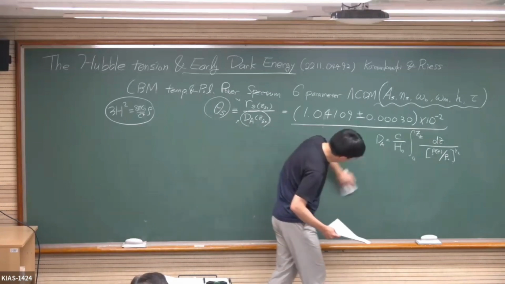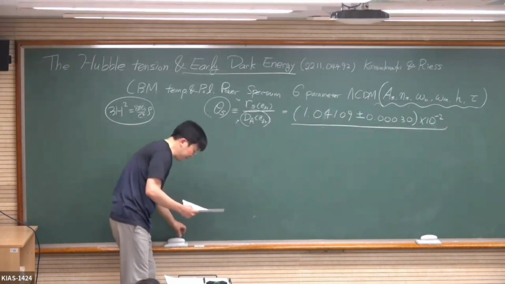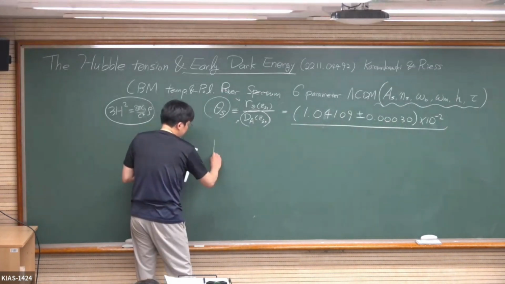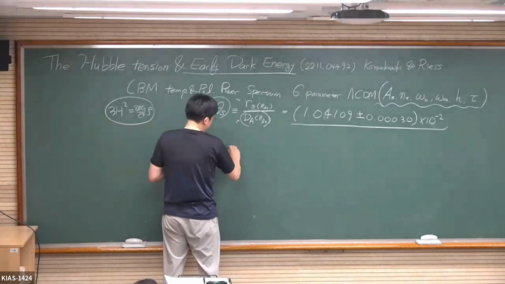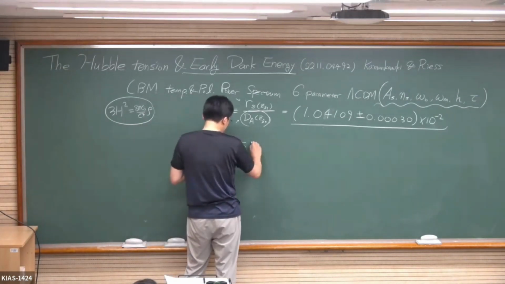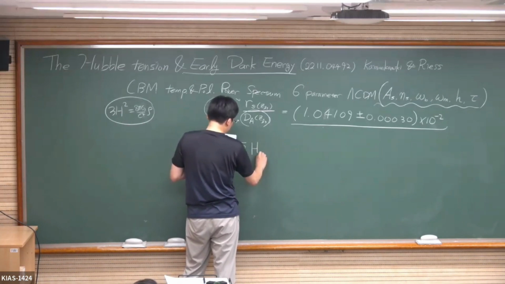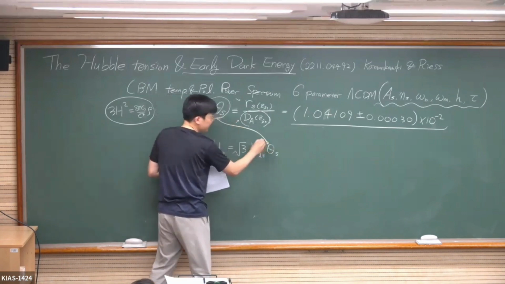Cool. So combine all those equations. Now I think I'll write down the one equation that is most important today, which is H naught on the left hand side is square root of 3, coming from the square root of 3 of the photon sound speed, and H_LS times theta s. That's our number, right?